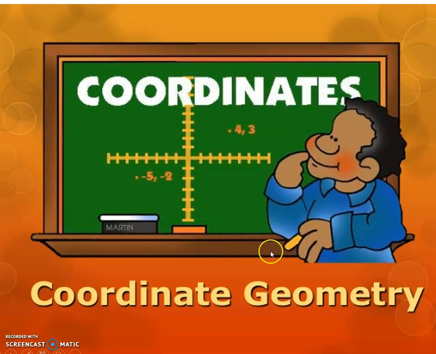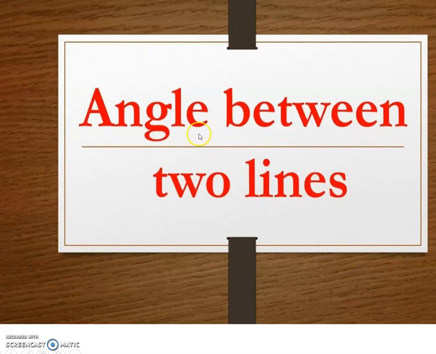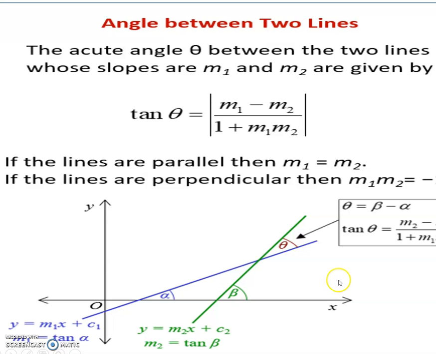In the Coordinate Geometry chapter, last lecture we discussed the acute angle between two lines. The acute angle theta between two lines whose slopes are m1 and m2 is given by tan theta equals modulus of m1 minus m2 upon 1 plus m1 into m2.